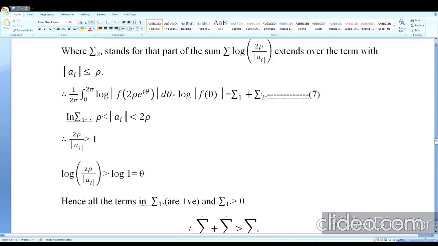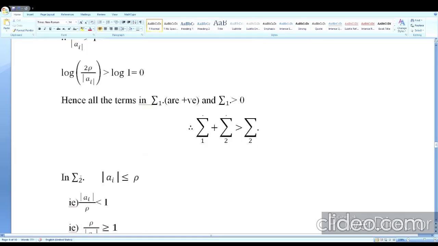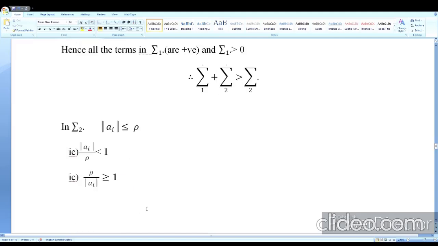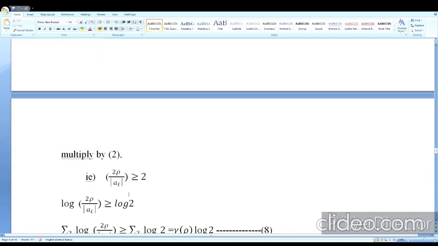So summation 1 is greater than 0. So summation 1 plus summation 2 is greater than summation 2, because summation 1 is positive. In summation 2, we know modulus of a is less than or equal to rho. So a_i by rho is less than 1, or rho by a_i is greater than or equal to 1. Multiply this by 2. So we get 2 rho by a_i greater than or equal to 2. Taking log, log 2 rho by modulus of a_i is greater than or equal to log 2.